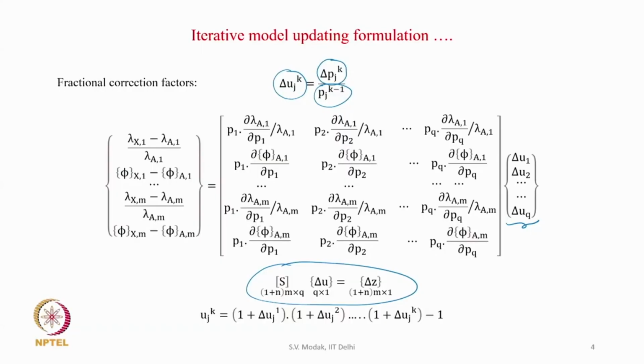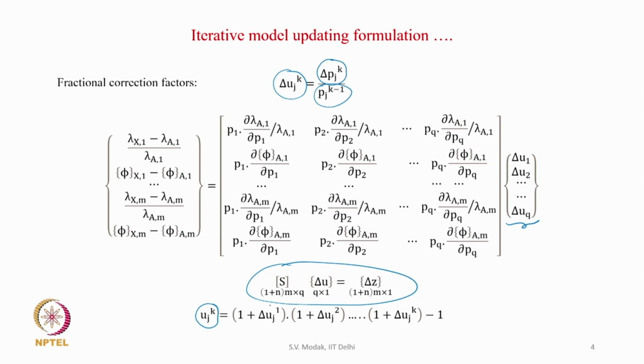Now, we can also find the cumulative change in any updating parameter at the end of kth iteration. Let us say u j k represents the cumulative change in the jth updating parameter at the end of k iterations. That can be determined from the values of delta u for the jth parameter obtained over all iterations.